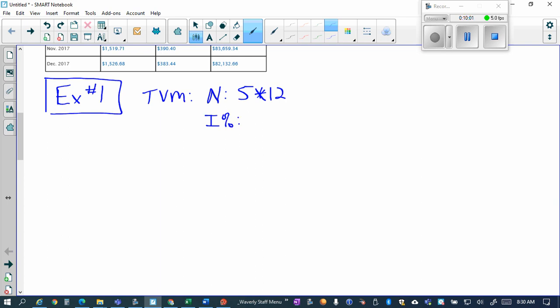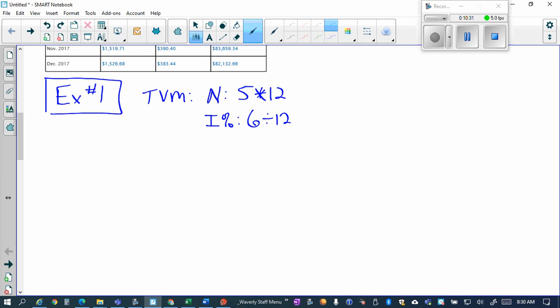The rate is 6%, but what do we have to do to that 6? Because it's compounded monthly, 6 is the annual rate. Divide by 12 to get the monthly rate.